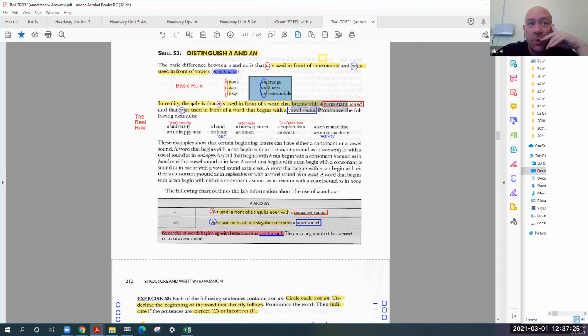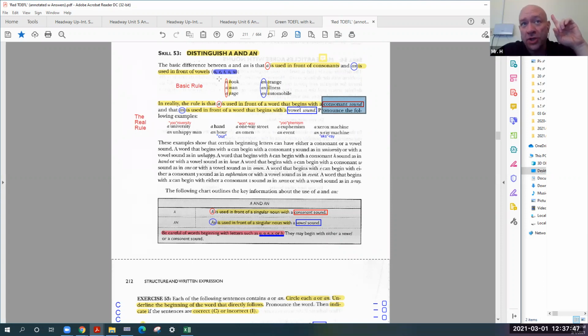Now, Abdulaziz, I want you to read this. In reality, here's the rule that you should know for TOEFL. In reality, the rule is that A is used in front of a word that begins with a consonant sound. That's the key.